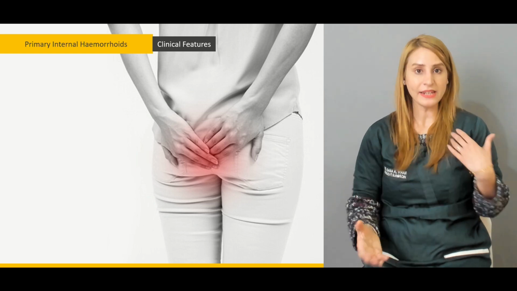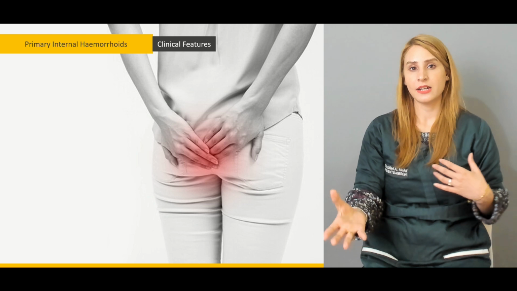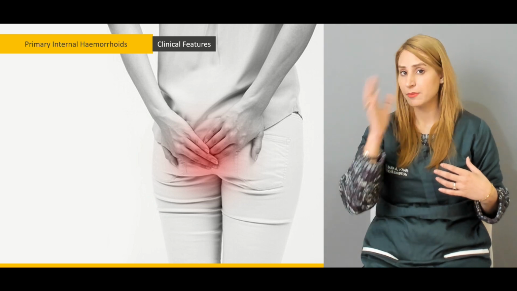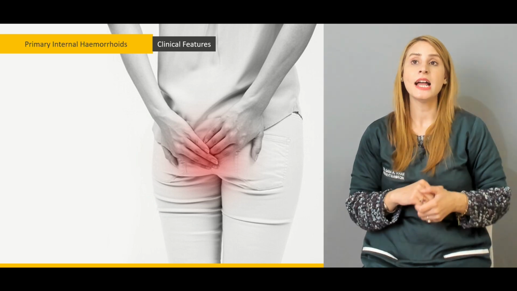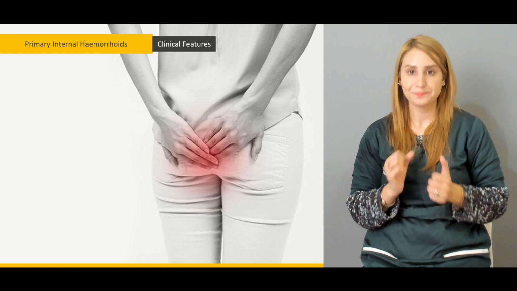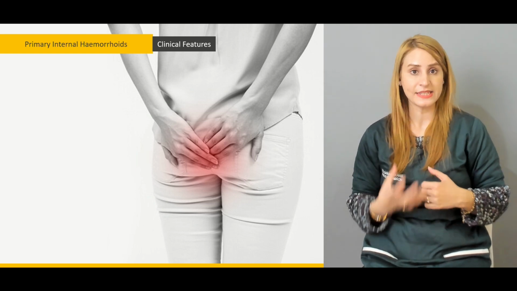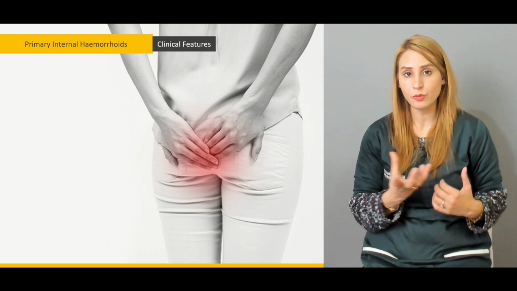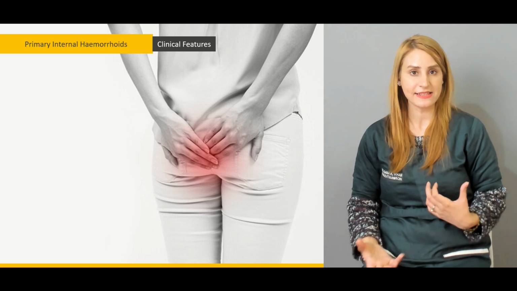With painless bleeding, you think about hemorrhoids, but you also think about the rectum. Never ignore the rectum. In case of rectal cancer, the patient will also complain about tenesmus, which is the incomplete sense of evacuation. Always try to rule out these things in your history by asking your patient.